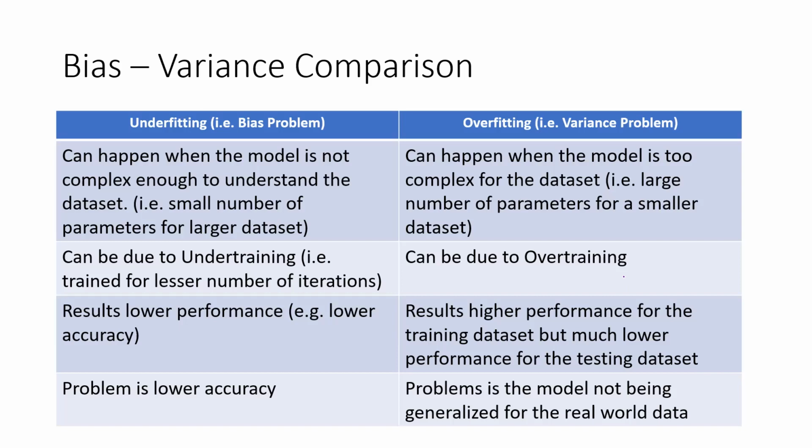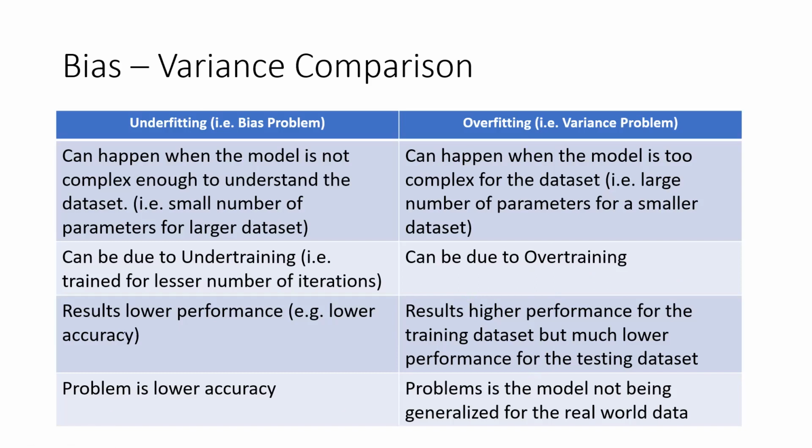So if you have too many parameters and if you train too much, you see that your training data set error is reducing more and more, and you try to minimize this training data set error. Now what happens is it has fitted very well into your data set, but the problem is when you try to test it with the outside world data, the test data, it would have a higher error, which is known as the variance problem, right, which is caused by overfitting.